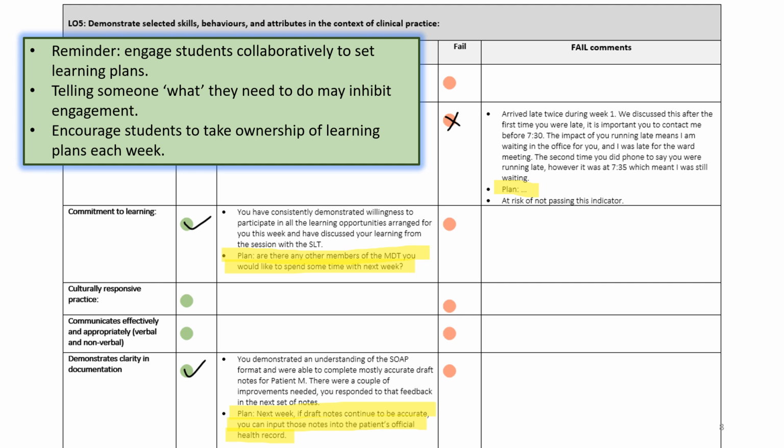Really important to be clear about that. So you've demonstrated that you've given the student feedback, and if they continue to demonstrate that behaviour, it's despite the feedback that they have not been able to meet that by the end of the placement. So again, remember, if a student was to fail at the end of the placement, it's despite any feedback that you have given them.